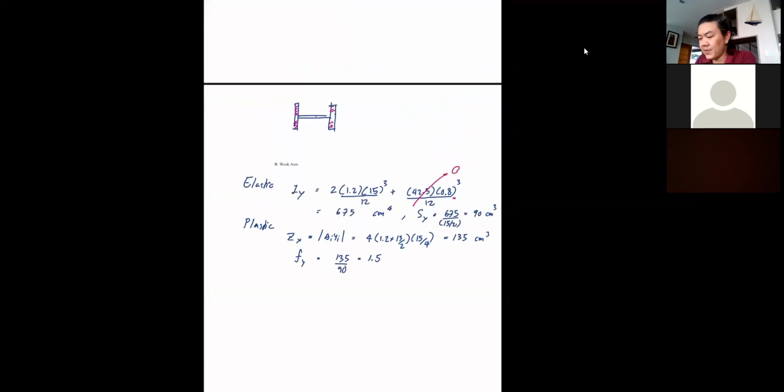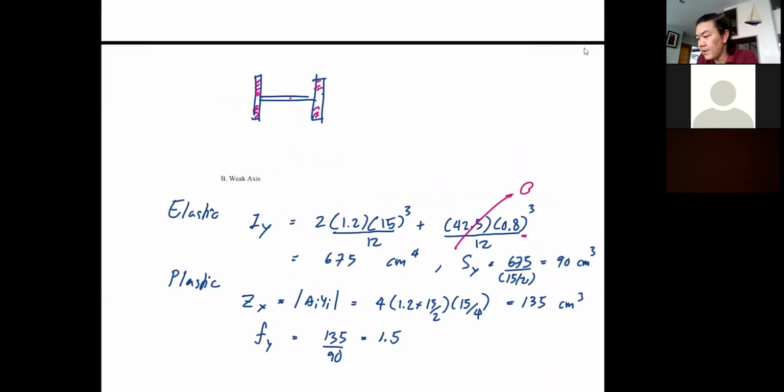When we calculated the elastic section modulus and plastic section modulus in the y-axis, you see what happens? Essentially, we got the shape factor equal to 1.5 because in the y-axis, if you look closely, we are doing nothing but bending these three rectangles put together.